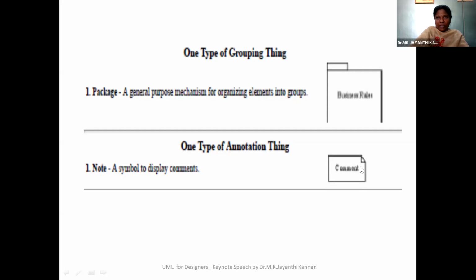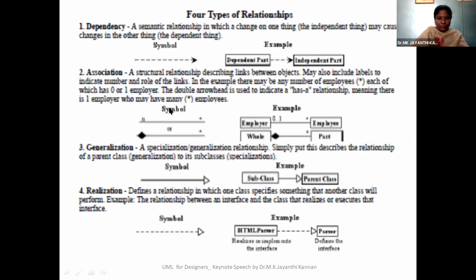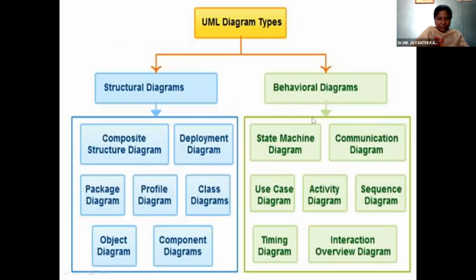Here, this symbol we are using in component diagram. To represent the overall deployment diagram, we can go for this package symbol. So the various symbols we already discussed: association, generalization, realization, and dependency. These are the notations that you should remember.